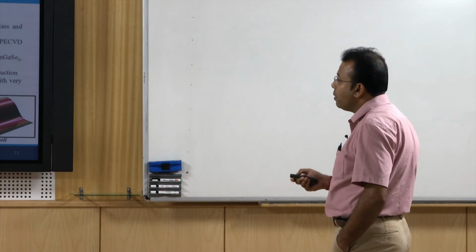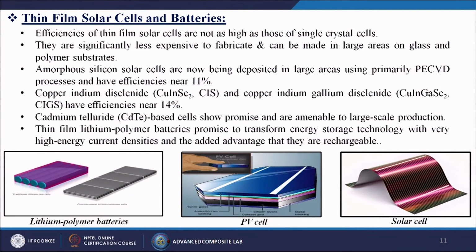Copper indium diselenide and copper indium gallium diselenide have efficiencies near 14%. So you see that we have reached from 11% to 14% just by researching on these thin film materials. Cadmium telluride based cells show promise and are amenable to large scale production.